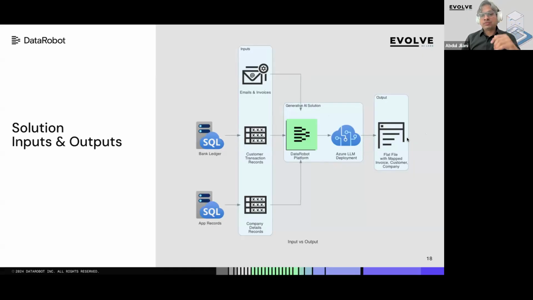And then each record of the flat file would be kind of like the golden record that would match invoice with the customer transaction or the ledger line item or the payment, and then the company for which that particular payment should be split and sent over. And this output flat file will be fed to the accounts receivable app.